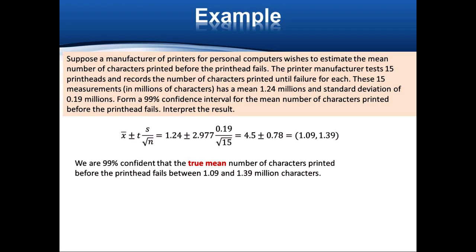It is also better to interpret the result. That is, we are 99% confident that the true mean number of characters printed before the print head fails is between 1.09 and 1.39 million characters. So this is case 2.